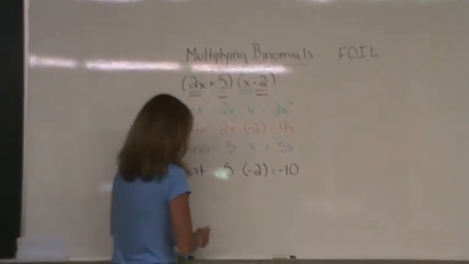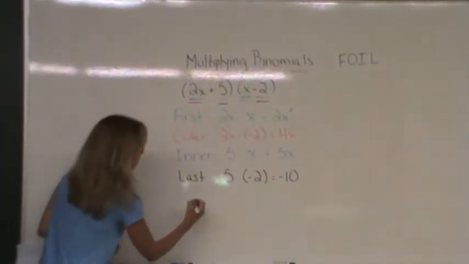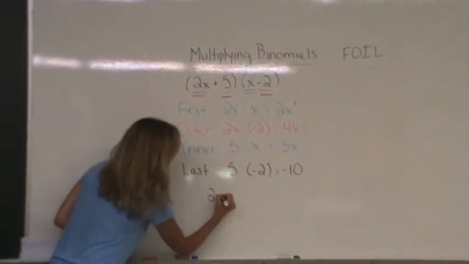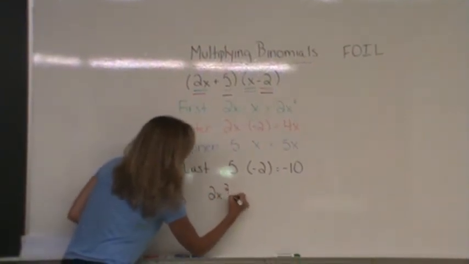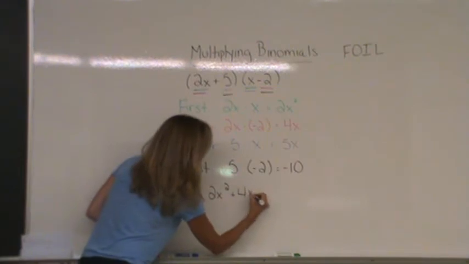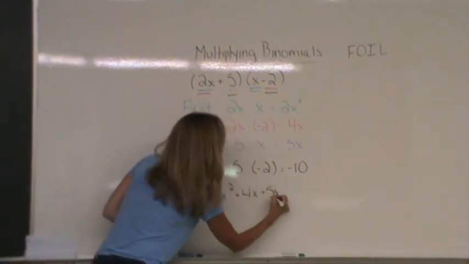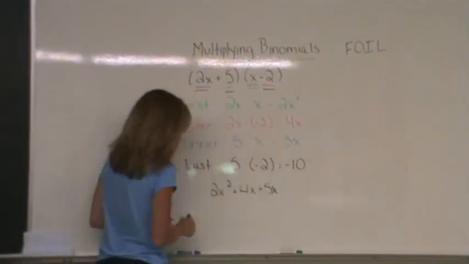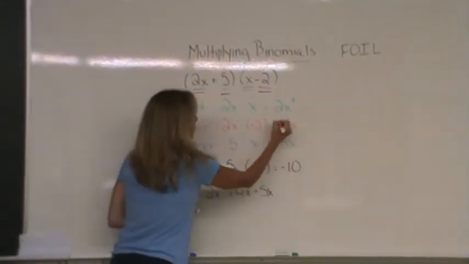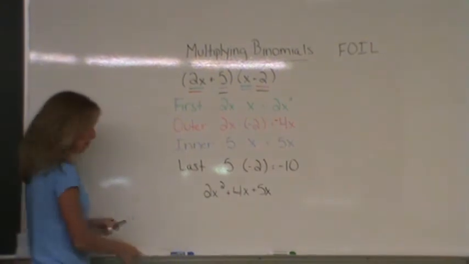Okay? So now you're left with 4 terms, and combining those, we have 2x squared plus 4x plus 5x, and what did I do wrong here? I forgot to use that negative. Okay?